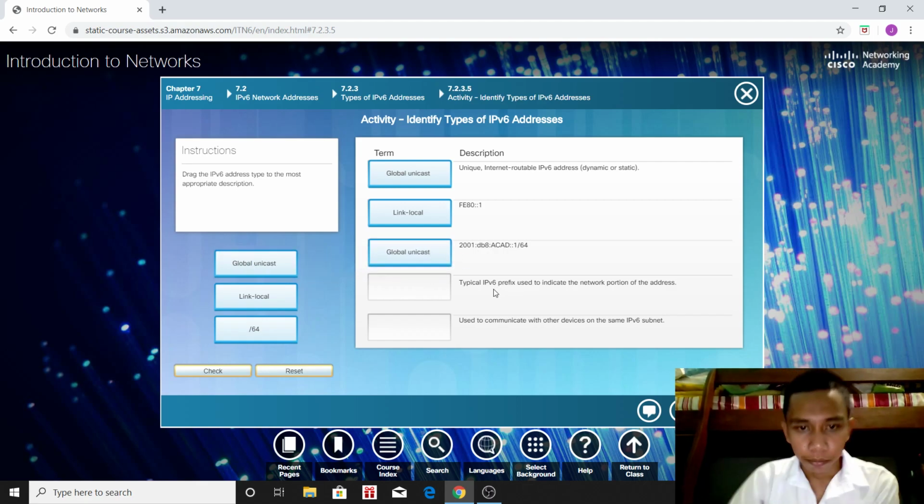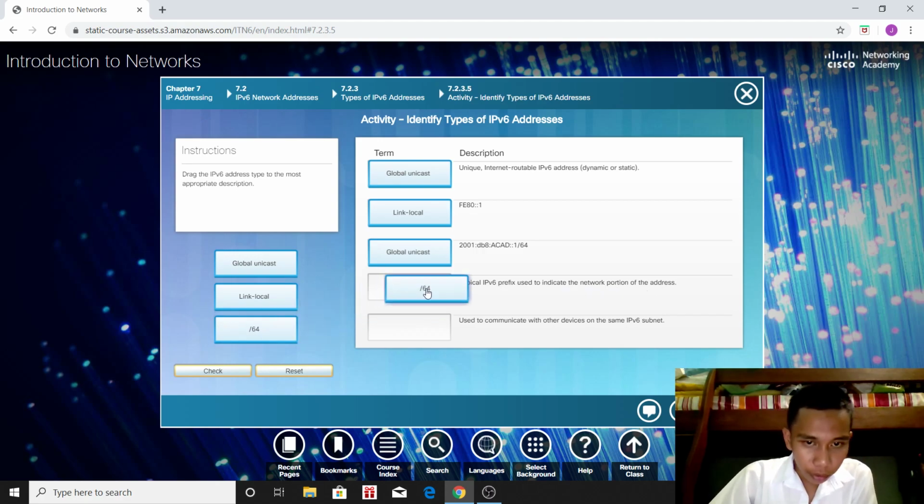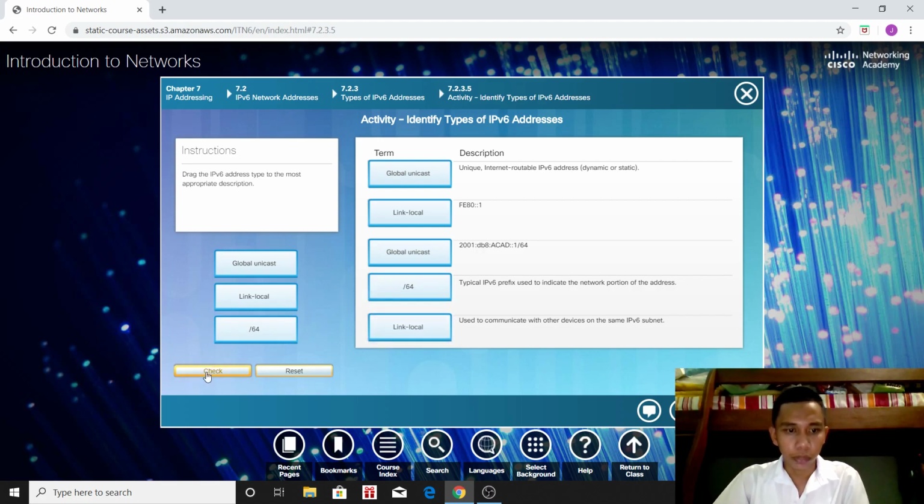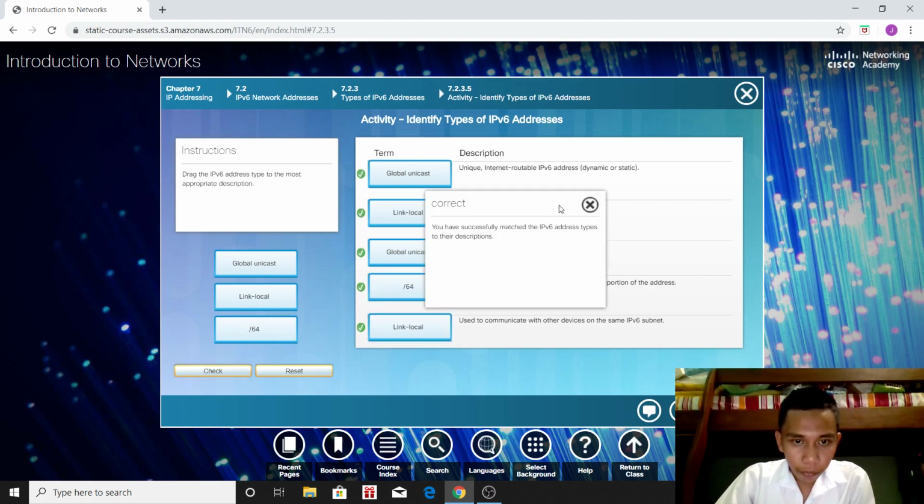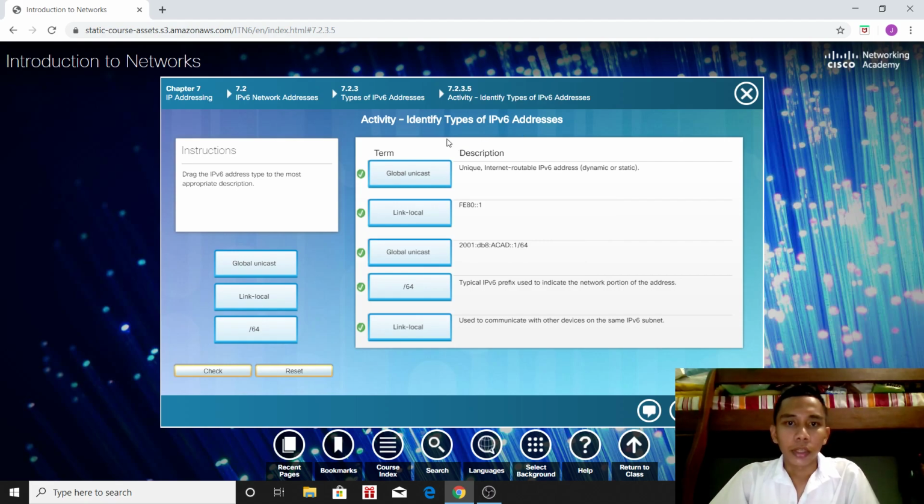And then typical IPv6 prefix used to indicate the network portion of the address is /64, and the last is used to communicate with other devices on the same IPv6 subnet is link local. So I think it's done. So you have successfully matched the IPv6 address types to their descriptions. So this activity is done.